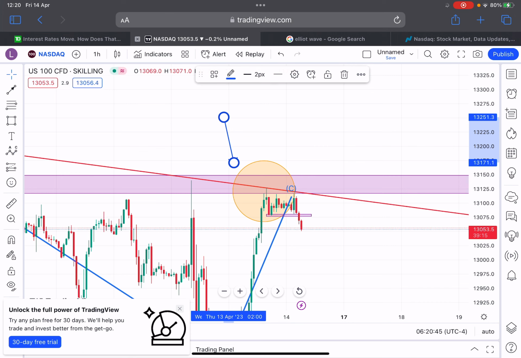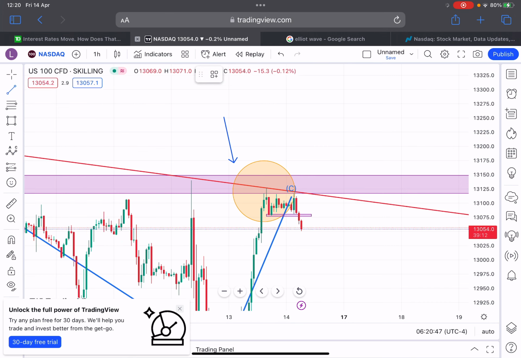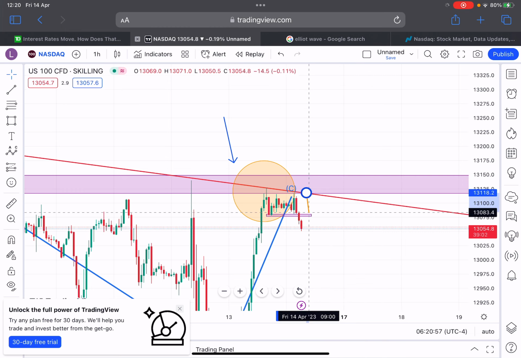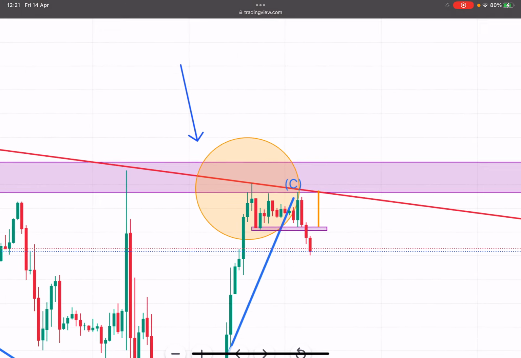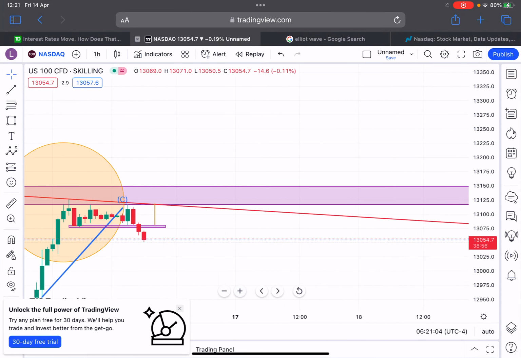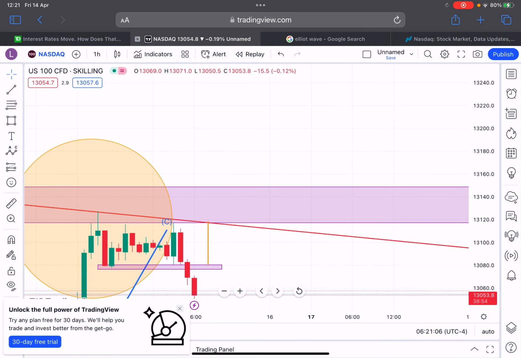So if I saw, I could have entered, but I didn't see. So this was the distance from my mini support to my mini resistance. Let me try to zoom in so that I'll be able to take this.